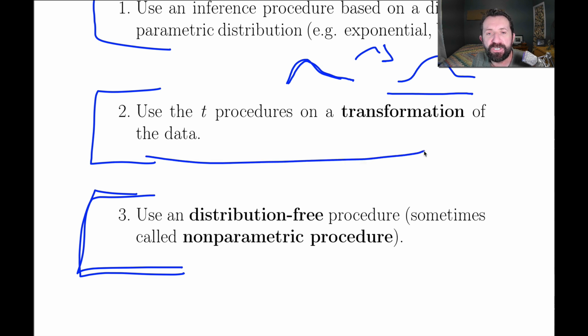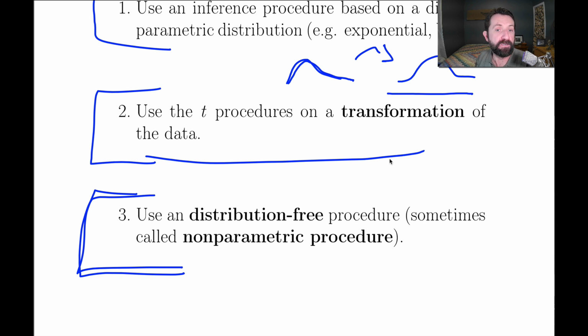These t procedures are the best possible procedures when we are sampling from a normally distributed population. They work better than anything else. They are optimal in that setting. When our assumptions are satisfied, you cannot do better than a t procedure, for the intervals or the t-tests that we'll do later.